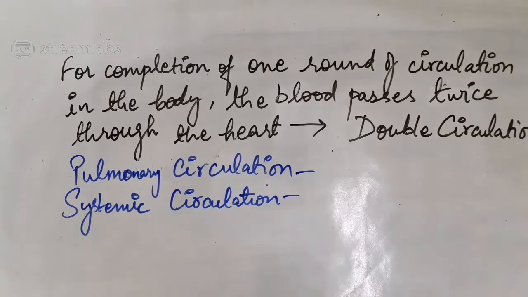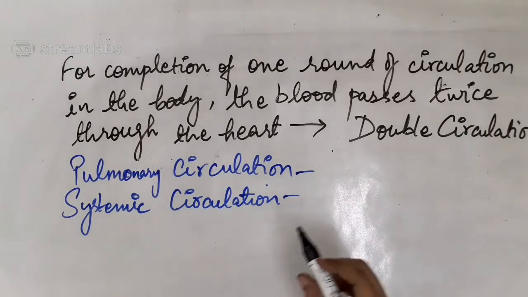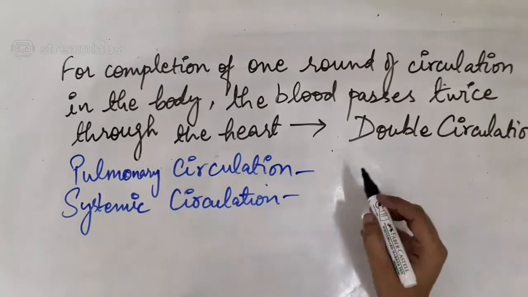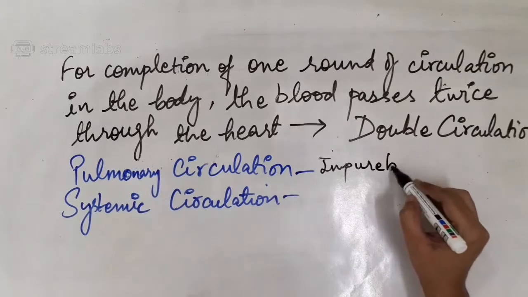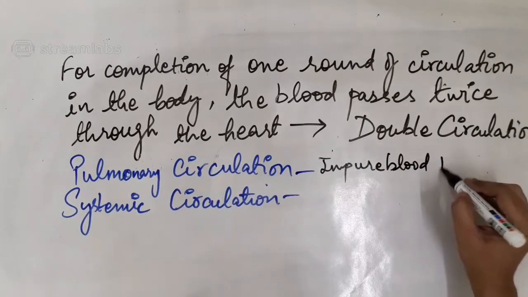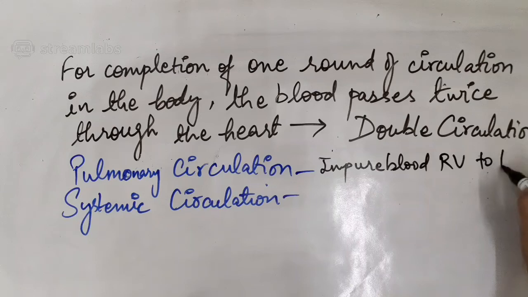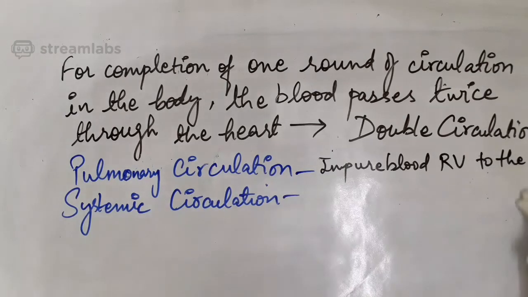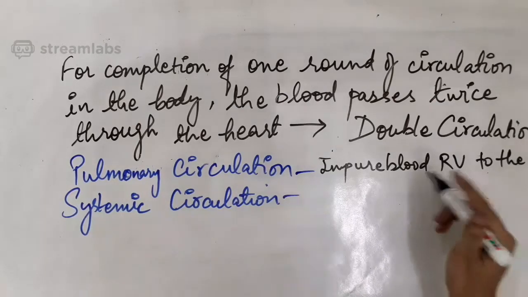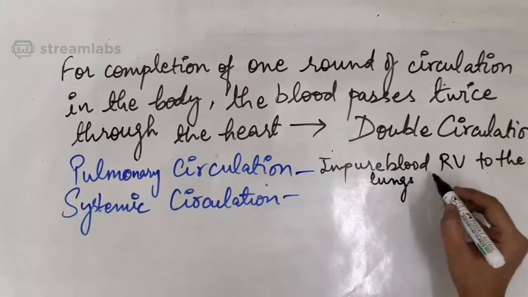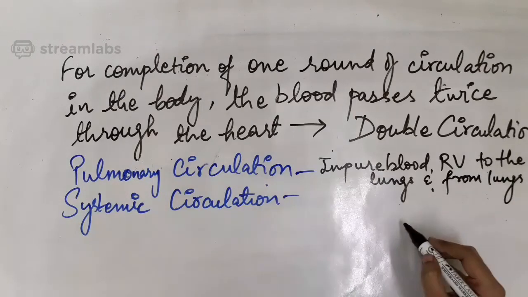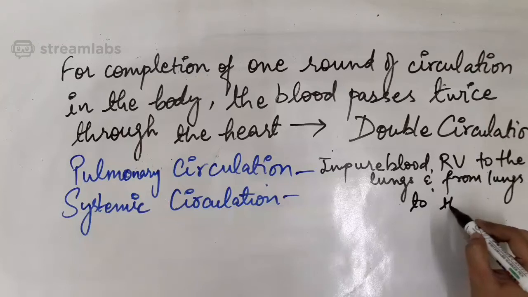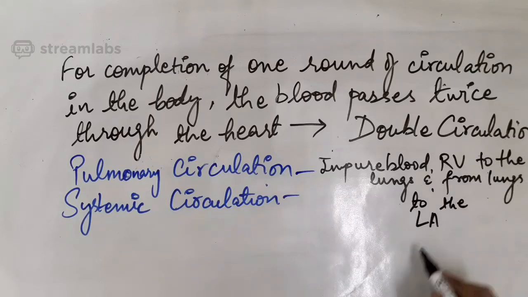Pulmonary and systemic circulation. Pulmonary circulation, I told you, is the flow of impure blood from the right ventricle to the lungs and from the lungs to the left auricle.